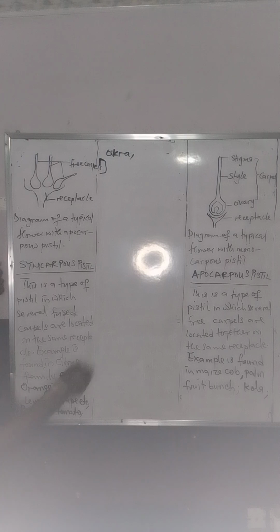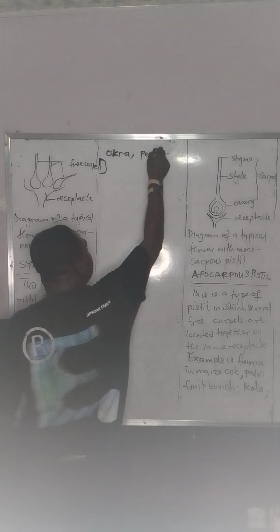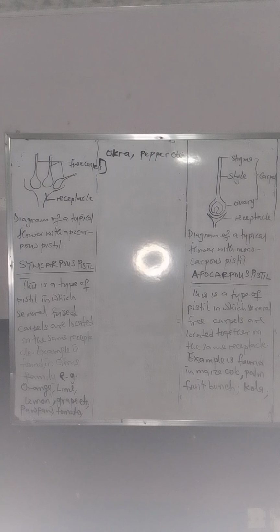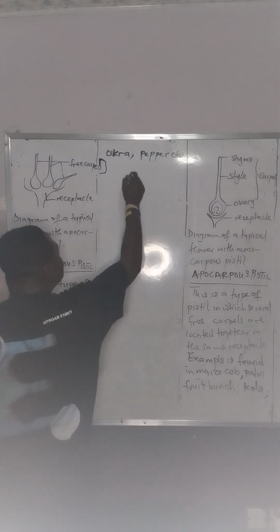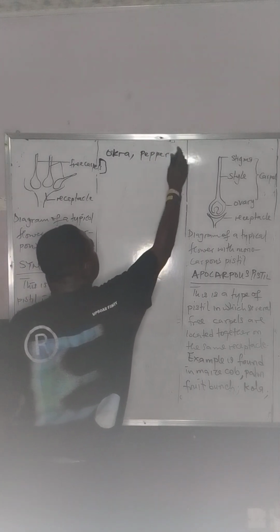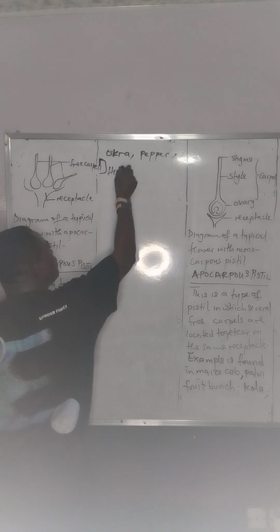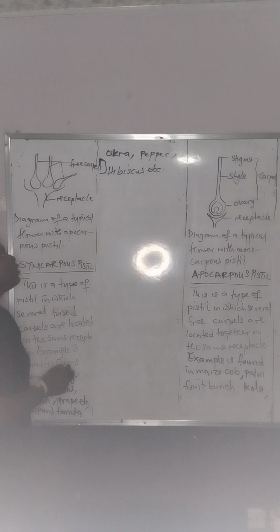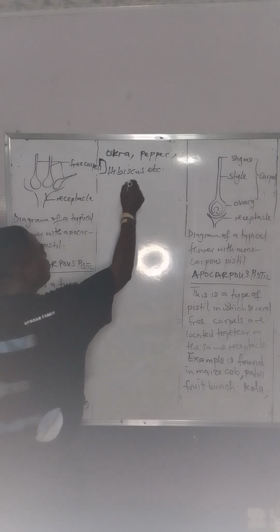So you have pepper, and etc. So the carpels are already fused together. Even hibiscus. One of the differences between hibiscus and Pride of Barbados is the type of ovary: in hibiscus it is syncarpous, while that of Pride of Barbados is monocarpous. So you have something like this.